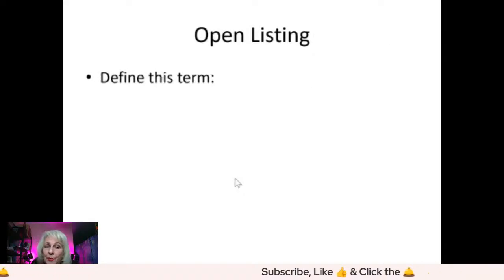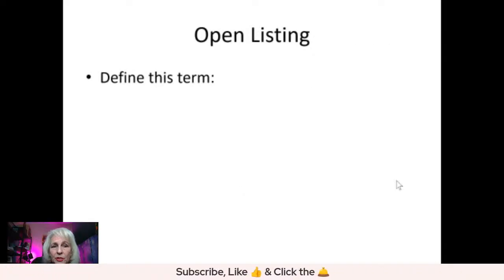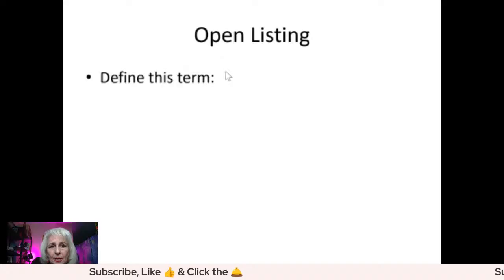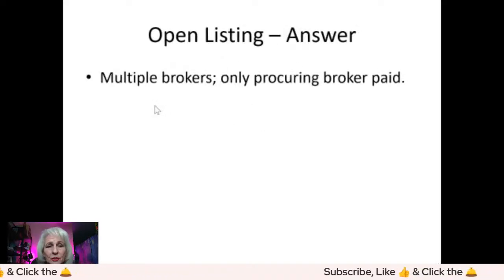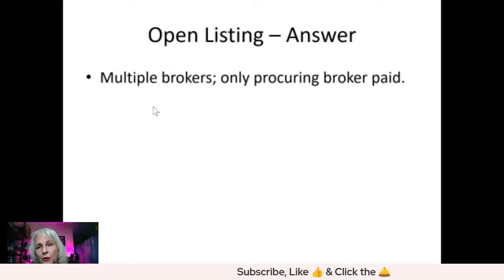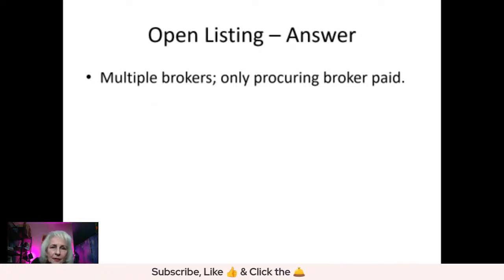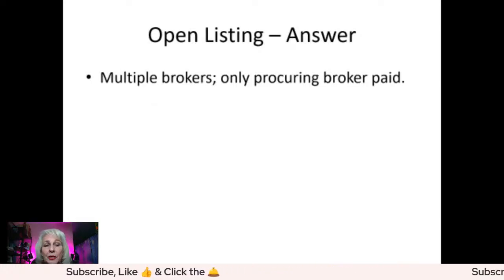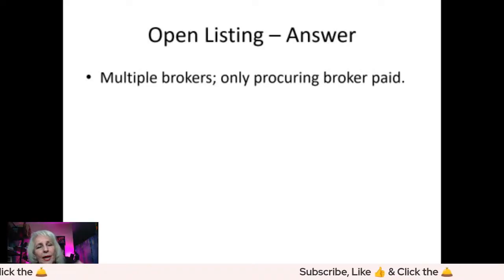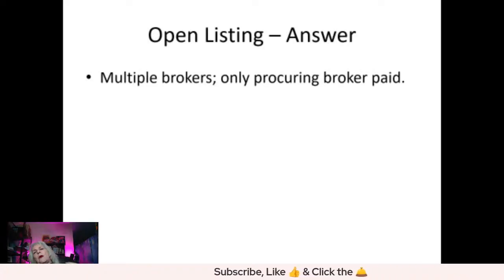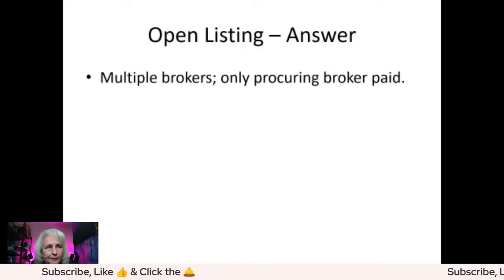An open listing, just like the word says, it's open. So open listing is multiple brokers that the owner ends up using, but only the procuring broker gets paid. So this owner might say, well, hey, you know what? You bring me a buyer, I'll pay you whatever percentage we agree upon.